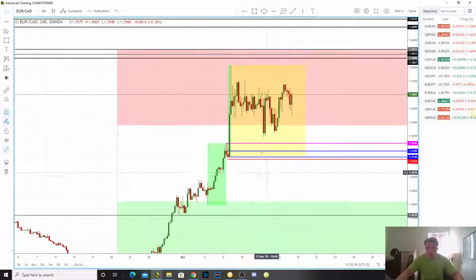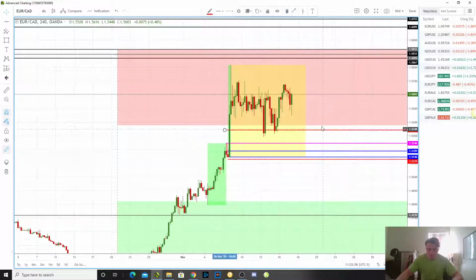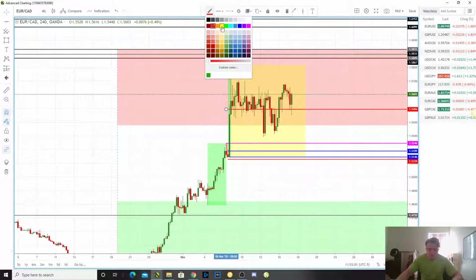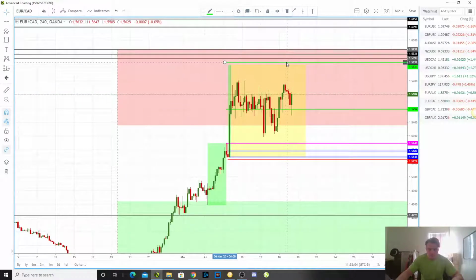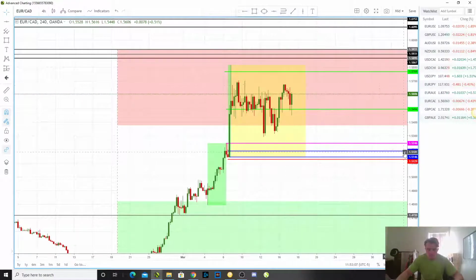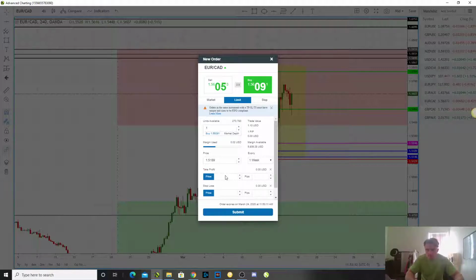So we can take the trade until we hit probably daily demand, since it is actually sooner. All right, so this will be 21, 28.